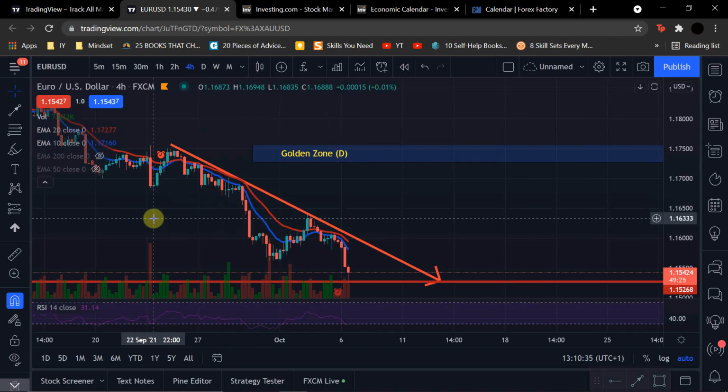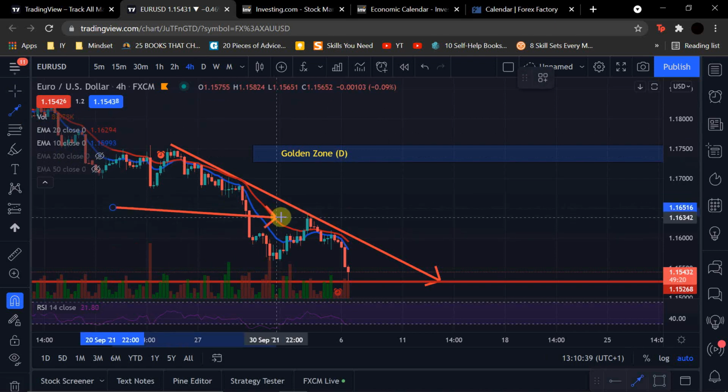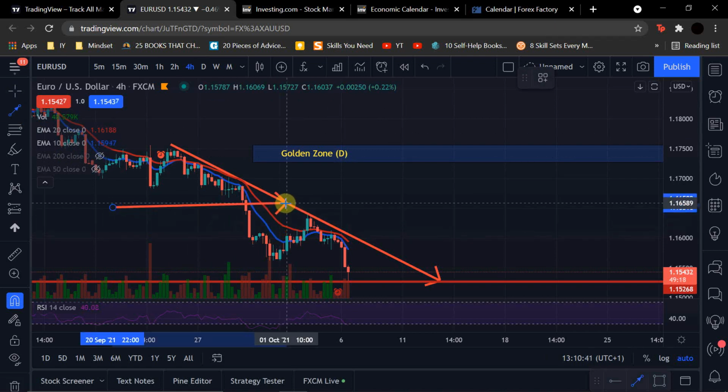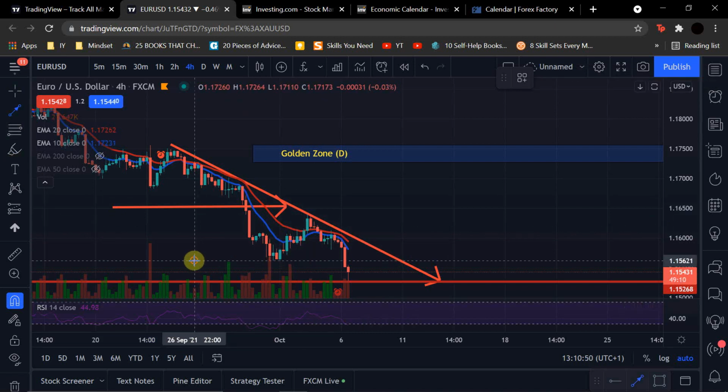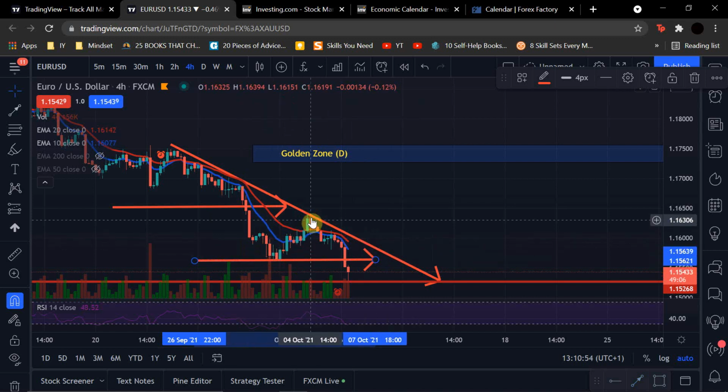Because look at this. This was also a descending triangle, right? Look. Boom, breakout. You know? This was also a descending triangle. Boom, breakout to this side.